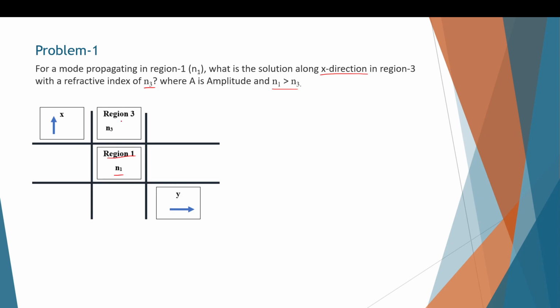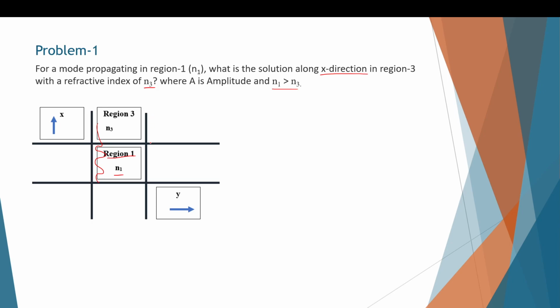If I have an oscillating solution, then it will keep oscillating as x goes to infinity, and that will mean that my energy is going to infinity, which is not feasible, right? So if my mode is propagating in region 1, we expect an oscillating solution there. However, as we go to region 3, we expect a decaying electric field.